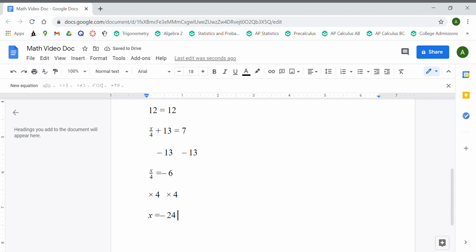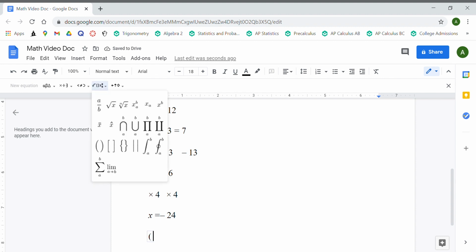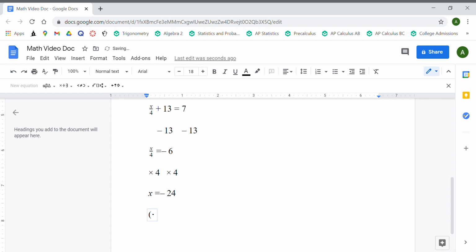Alright, ready to check it? So we have x divided by 4 plus 13 equals 7. We're going to substitute negative 24 for x, put that in parentheses, divide by 4, add 13 to that, and hopefully we'll get 7.